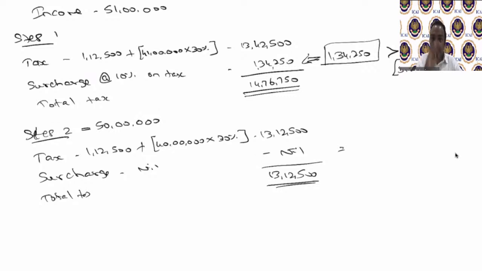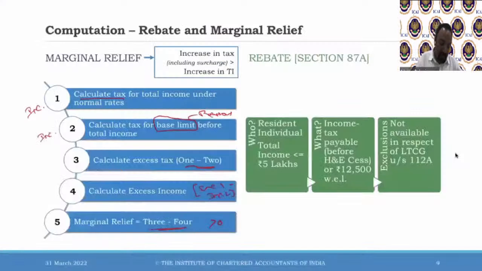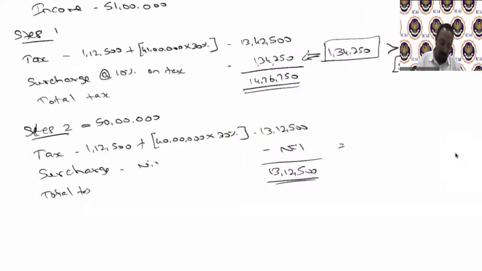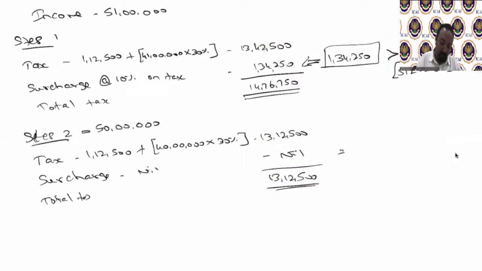For a moment I'll go back to the slide: increase in tax is greater than increase in total income. So your surcharge portion is greater than the additional income that you have earned. Now we have calculated till step 3. Sorry, step 3 is called excess income. Now we'll go back and understand step 4.